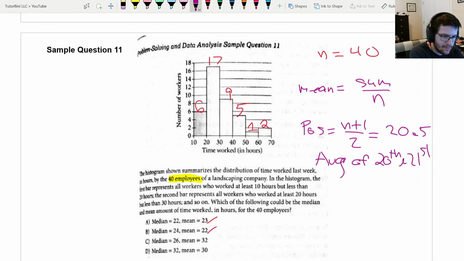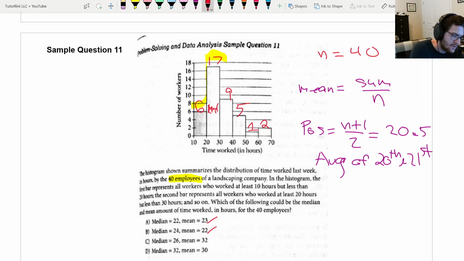Now I add cumulatively until I hit one or both of those. So 6, haven't hit it. 6 plus 17, 23. Okay, so we know the median has to be in this box between 20 and 30 because 17 plus 6 is 23.